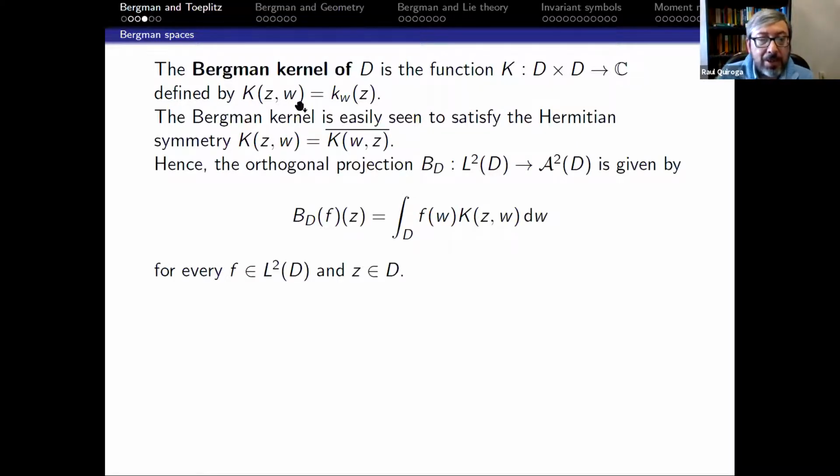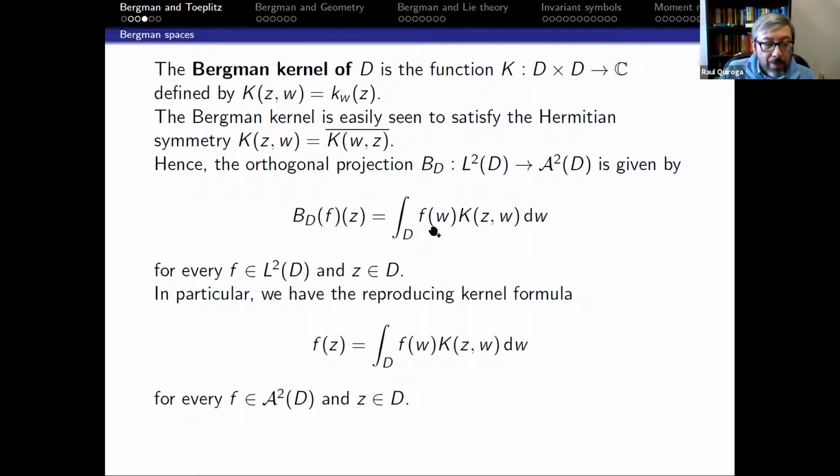Because of this symmetry, the orthogonal projection from L2 into the Bergman space is given by this expression. Here is hidden the inner product with respect to this lowercase k. The so-called Bergman projection. In particular, we have a reproducing kernel formula.